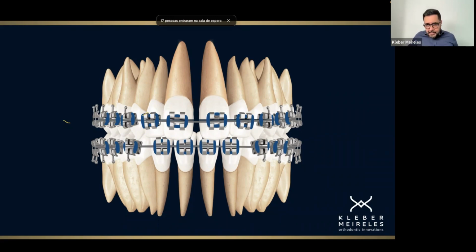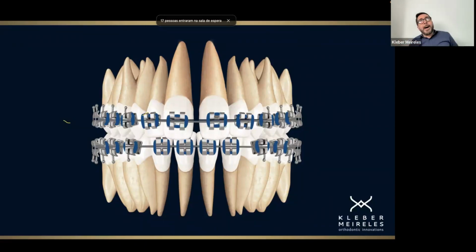Sometimes we see something like this. Well, I want to close the gap. I want to close the diastema. And I know, even by intuition, that when I apply the force at the level of the crown, I'm not having, in most cases, a translation. I'm not closing the space like this. I'm closing the space like this.